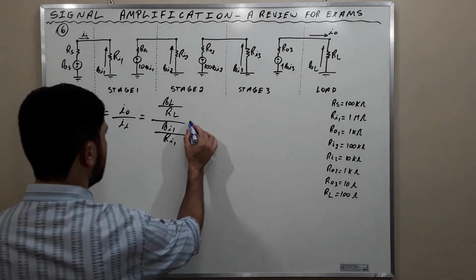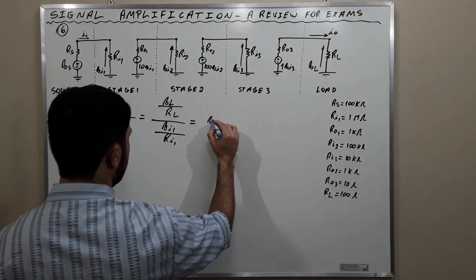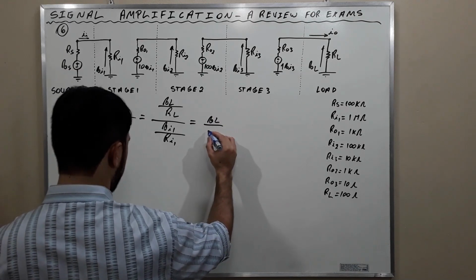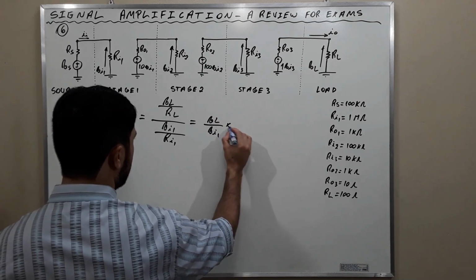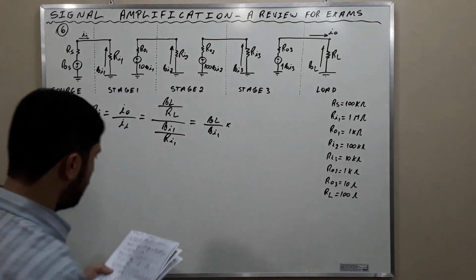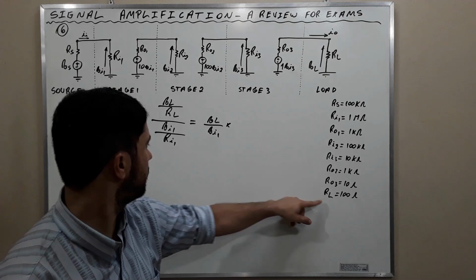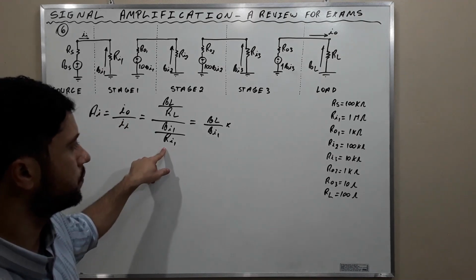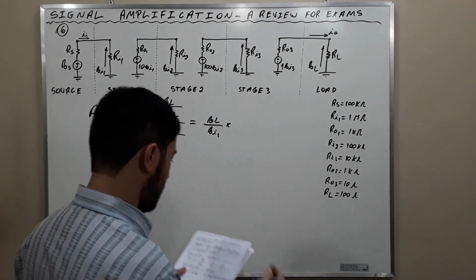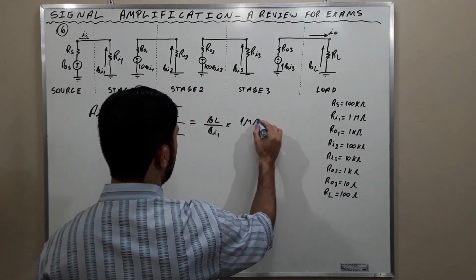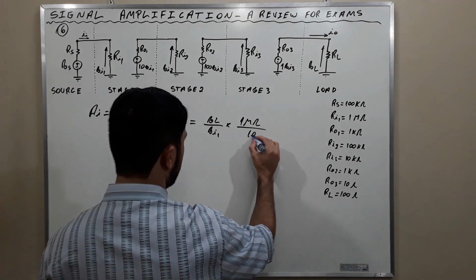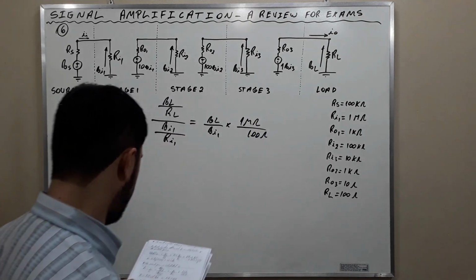And we then find that it is equal to VL over VI1 times, we are going to substitute RL 100 ohms, RI1 1 mega ohm, and this is 1 mega ohm divided by 100 ohms, okay?